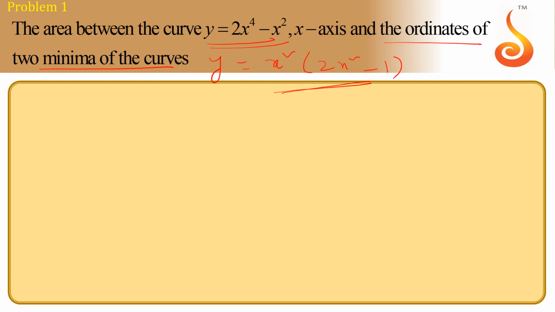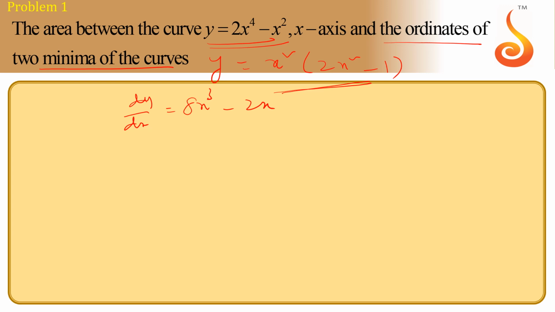By observing, the curve meets the x-axis at plus or minus 1 by root 2 and touches at the origin. If you take the derivative, dy by dx is 8x³ minus 2x.